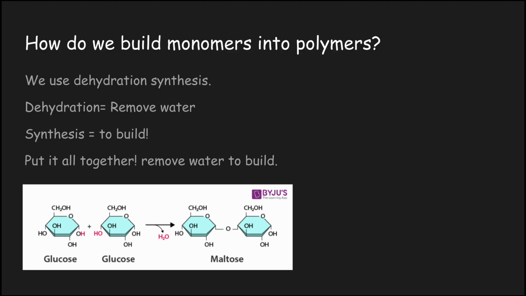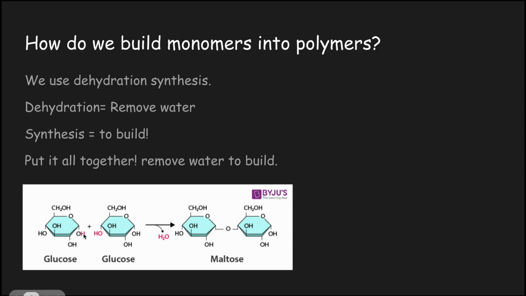So as you can see in the graph, we have 2 glucose molecules. These are monomers. These are monosaccharides of carbs. And again, if you don't understand monosaccharide, carbs, all that, we'll get to that later. That should be some of the next slides coming up. But as you can see, it highlights where that H2O is.